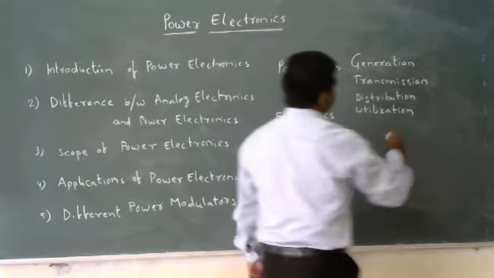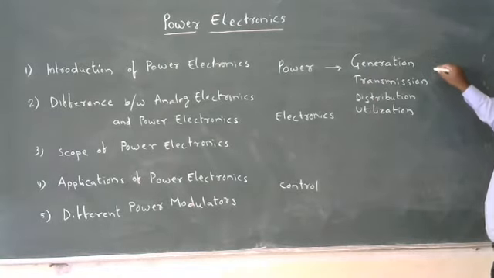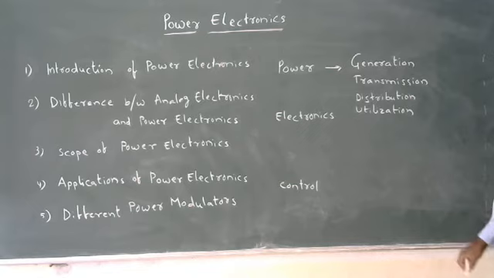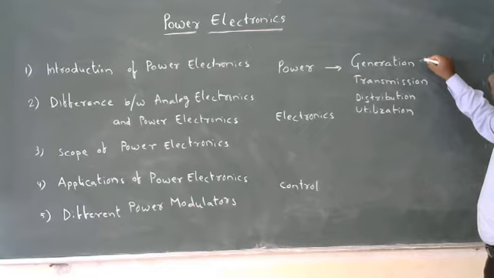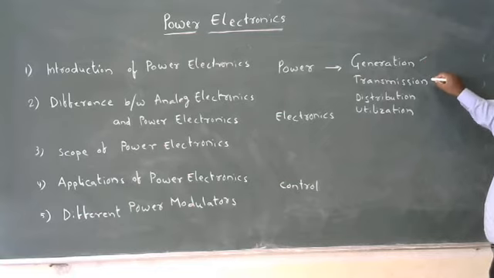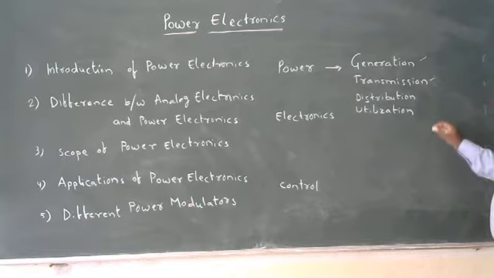Means what? The electrical power is going to be generated in the generating power plants, and it has to be transmitted to the load centers, because the load centers are far away from the generating points. Thereby, this generated electrical power must be transmitted through transmission lines, and after that, it's going to be distributed, and finally, it has to be utilized at the load centers.